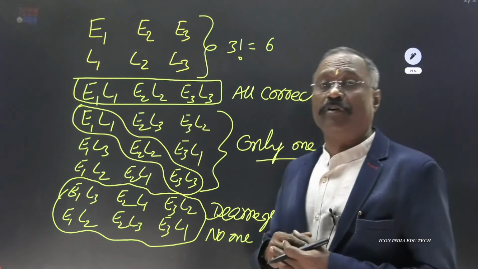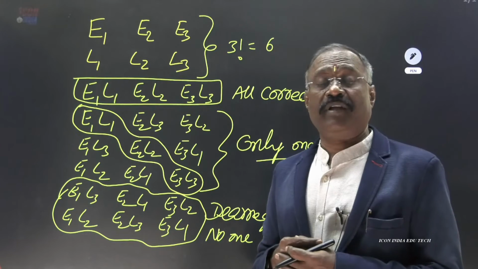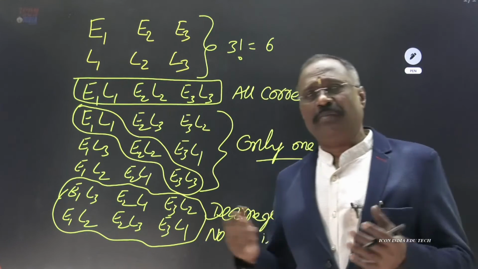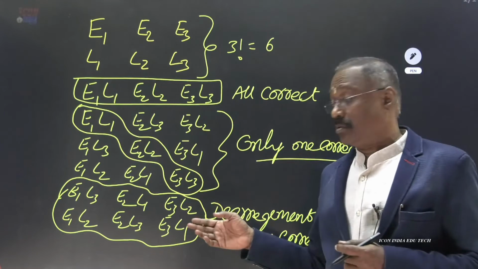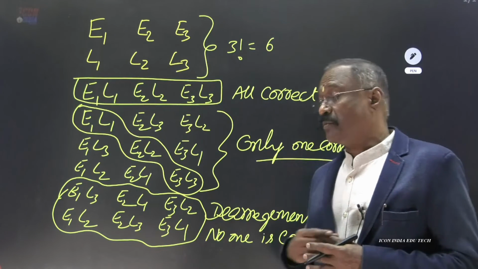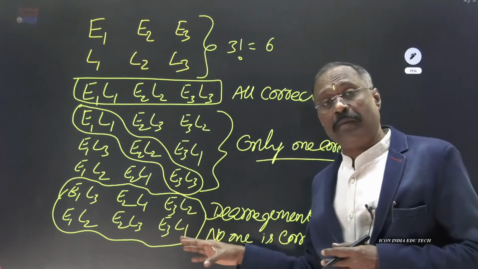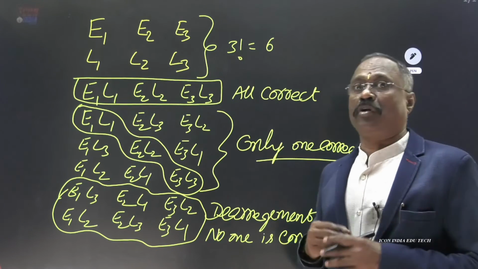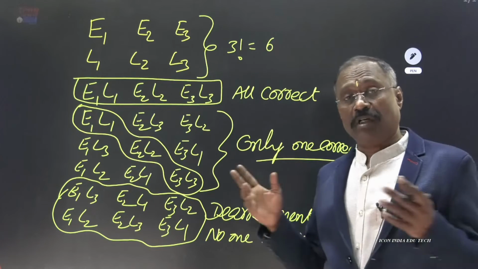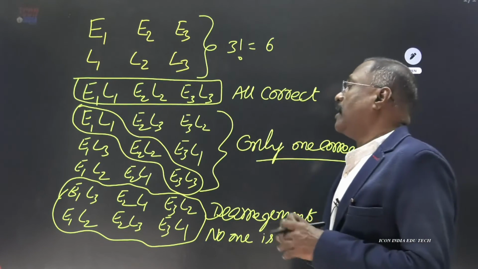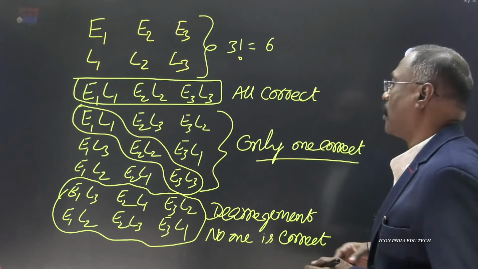But before that, the number of de-arrangements is to be remembered, because you cannot write all these different arrangements. Since it is 3 factorial, 6 arrangements, I am able to write this. If it is 4 factorial, there will be 24, which is difficult to write, and 5 factorial is 120. So it is better to remember them in simplified form.